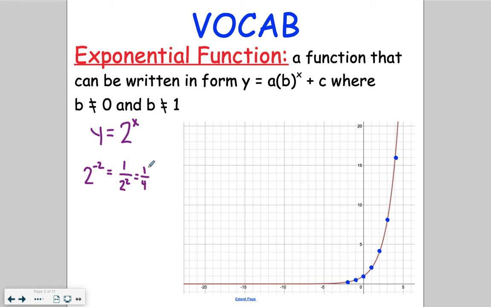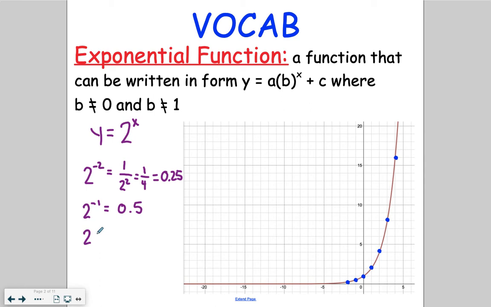Now, you can go through and write this as a fraction. My strong recommendation is just to type 2 to the negative second power in parentheses and get that answer of 0.25 as a decimal. Then the next point is 2 to the negative first power, which is going to give you 0.5 as a decimal.